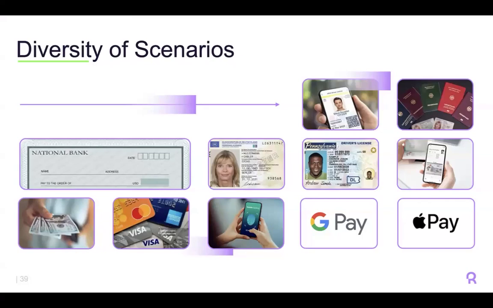And a shop, for example, should be able to accept any form of payment. The same way with identity documents. There are people with traditional documents, electronic passports, driver licenses, electronic IDs, mDLs, and so on. And no one should be discriminated against, so we should be able to process and verify each type of ID.